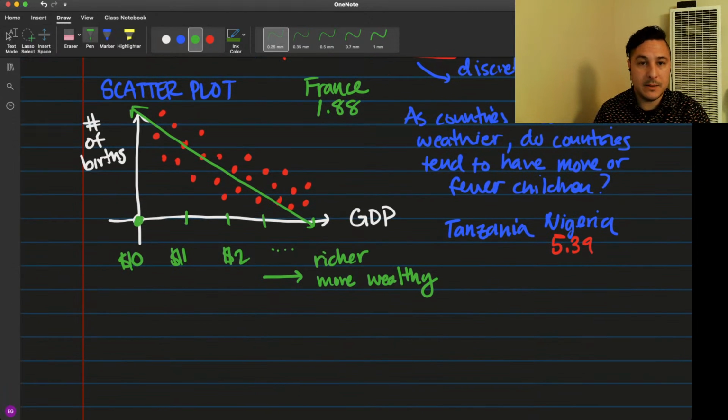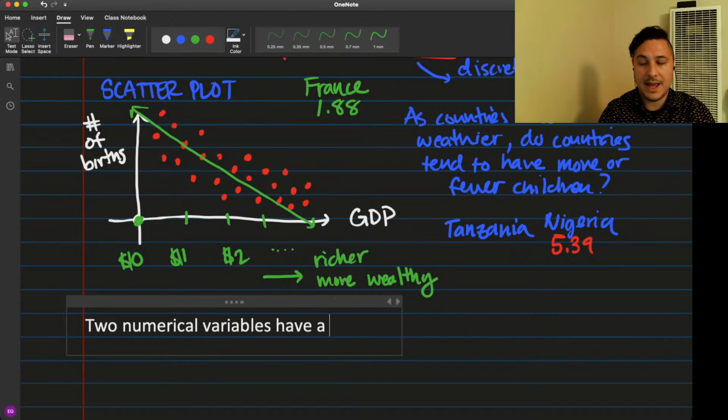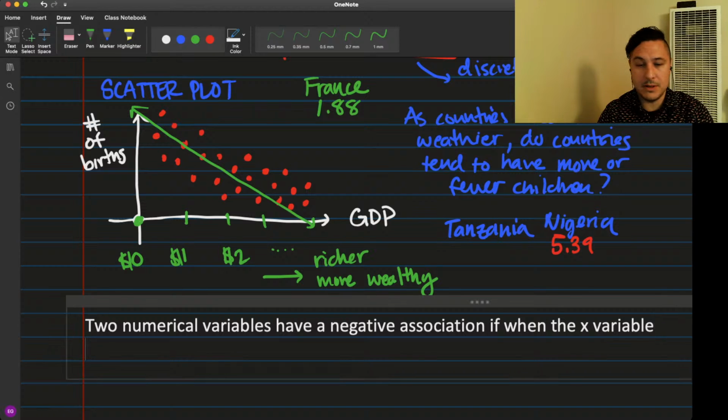So let me write that down right here. So we would say that two numerical variables have a negative association if, when the x variable increases, the y variable tends to decrease.